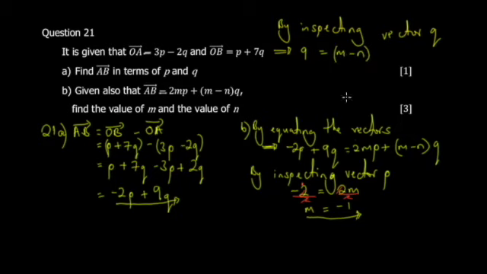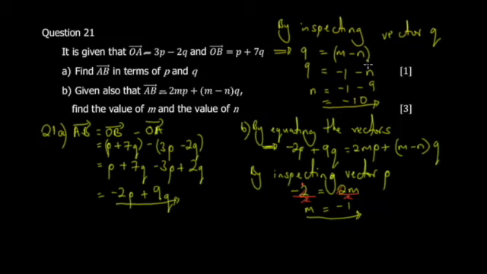So 9 equal to m is negative 1, so negative 1 minus n. This n can go to this side, transposition. So n equal to negative 1 minus 9. So what do you get? You get negative 10. So you can conclude m equal to negative 1, n equal to negative 10. And that's it, you're done.